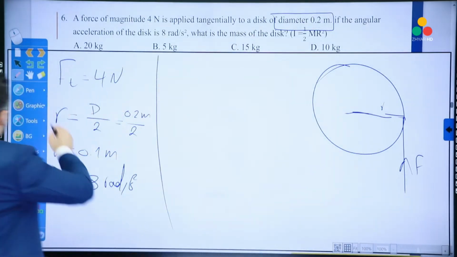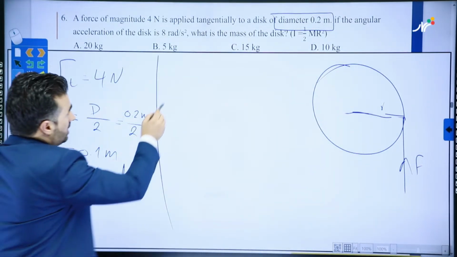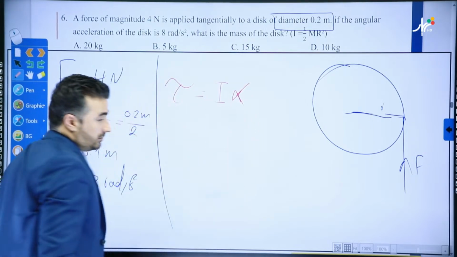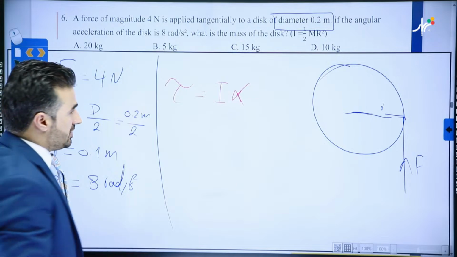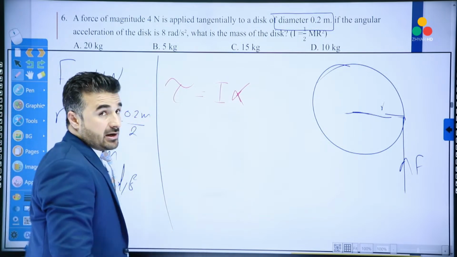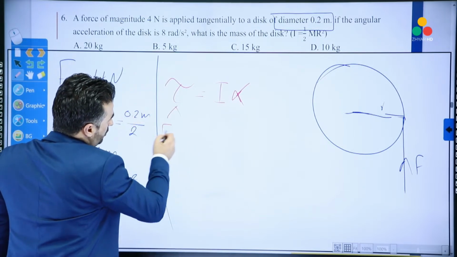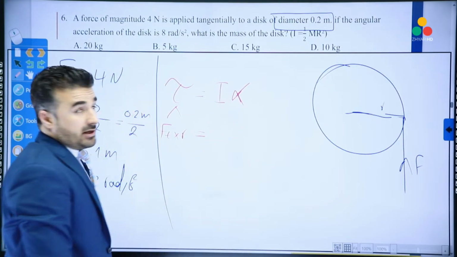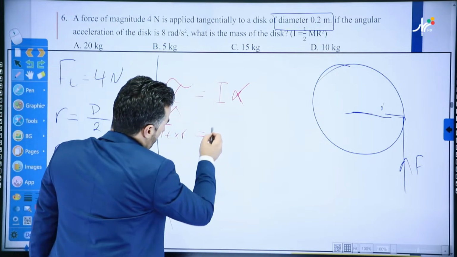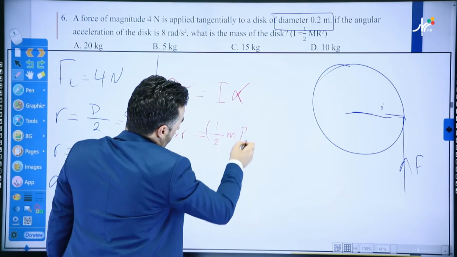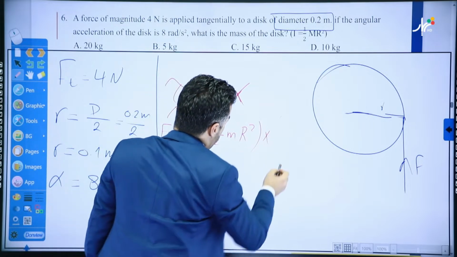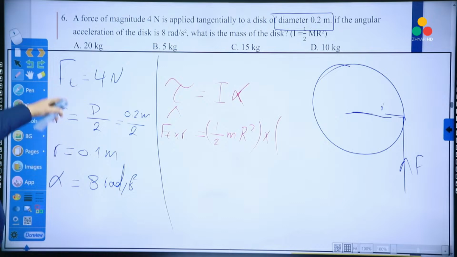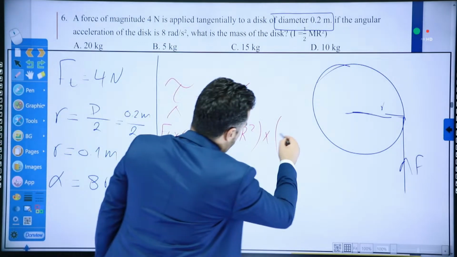All right, so bear with me. Let's solve this. Net torque equals moment of inertia times angular acceleration. Once a force is acting on it, of course, it starts to accelerate if the force is big enough. For this one, we have Ft times the radius equal to, because it is a disk and the question gives you this equation, 1 over 2 mass times radius squared, multiplied by the angular acceleration, which is 8 radian per second squared.